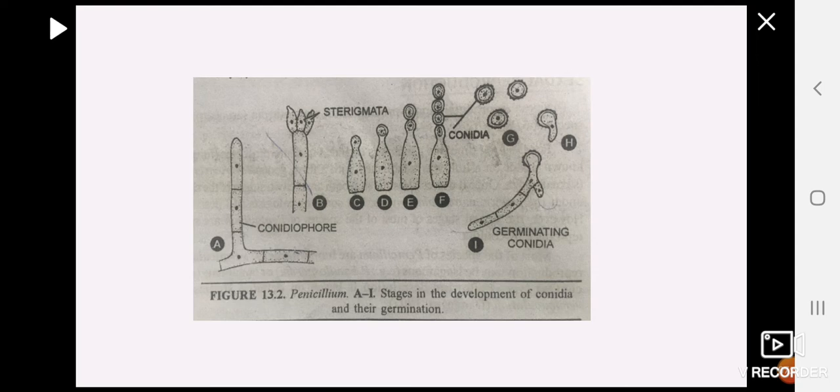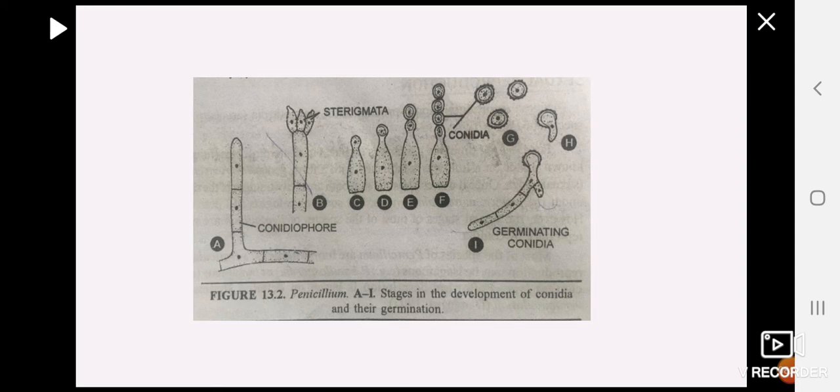Later on, the nucleus of the sterigma divides into two, and one of the nuclei passes into the swelling, and this swelling becomes separate from the rest of the sterigma by septum formation, and later on it develops a wall around it and conidium formation takes place.